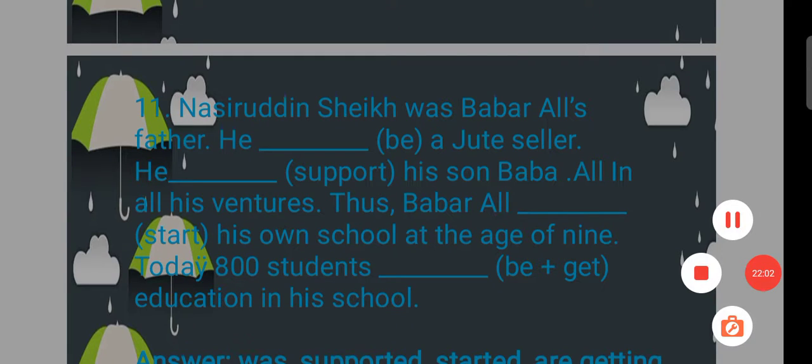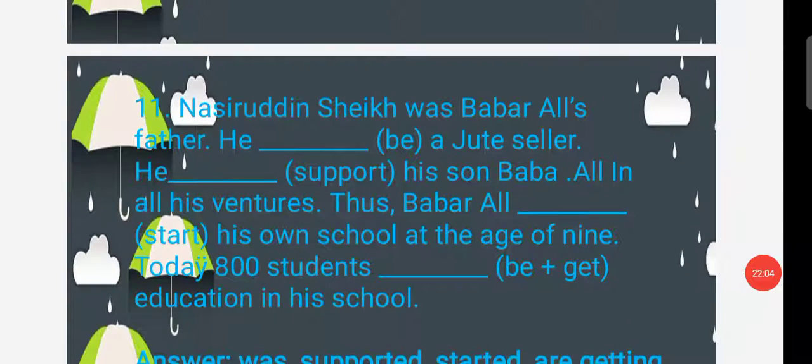11th one. Naziruddin Sheikh was Babar Ali's father. He dash a jute seller. Be past form is was. He was a jute seller. He dash his son Babar. Support, past tense becomes supported. He supported his son Babar in all his ventures.